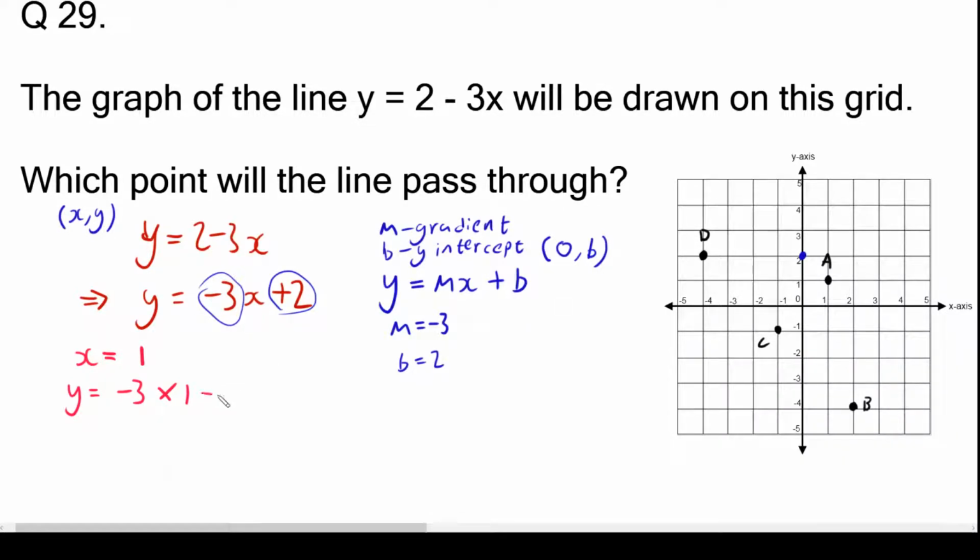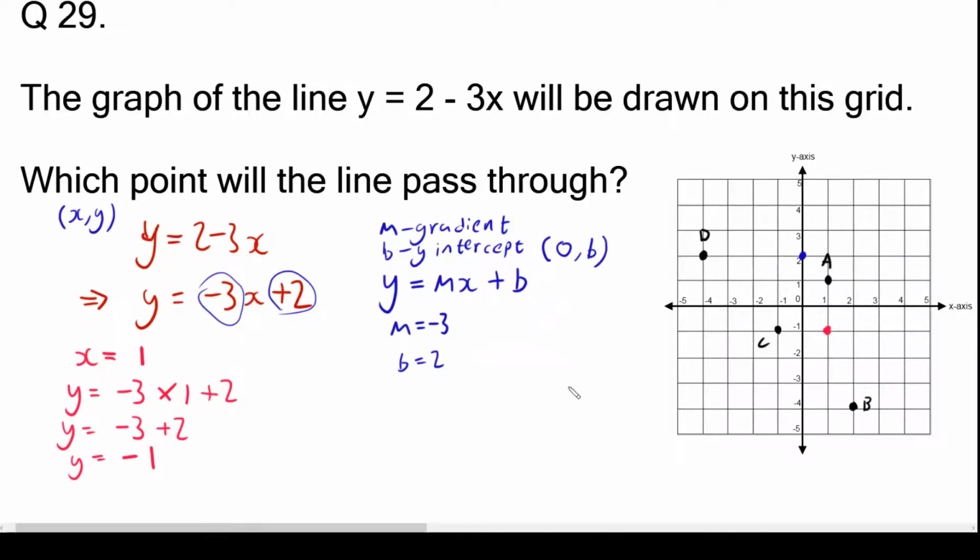Negative 3 times 1 is negative 3, plus 2 is negative 1. So when x is 1, y is negative 1.